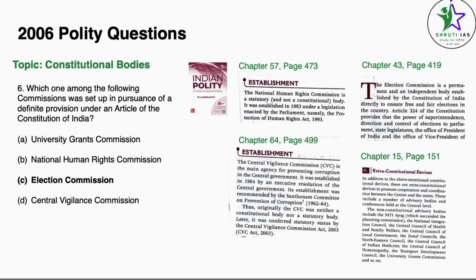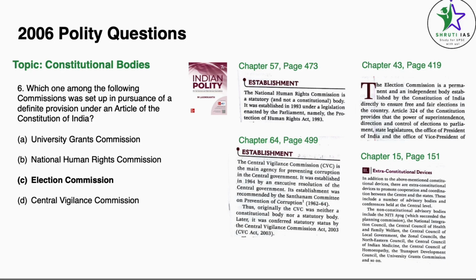We can check that in chapter 43, Election Commission, page number 419. The first paragraph specifically writes down, the Election Commission is a permanent and independent body established by the Constitution of India directly to ensure free and fair elections in the country. Article 324 of the Constitution provides that the power of superintendence, direction and control of elections lies with the Election Commission.